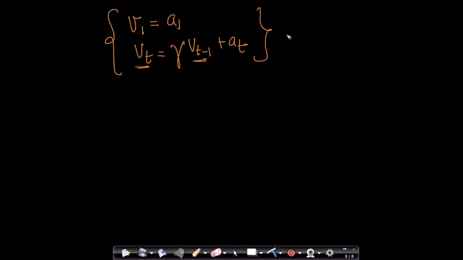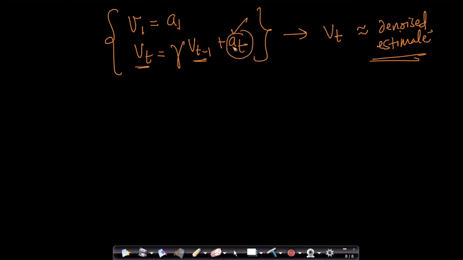V at any time t can be thought of as a denoised estimate, where you're giving most weightage to the most recent point and lesser and lesser weightages to previous data points.